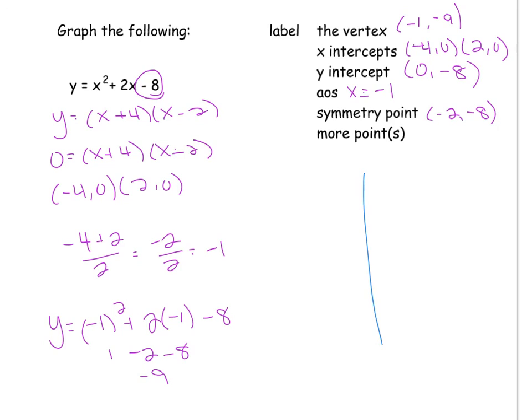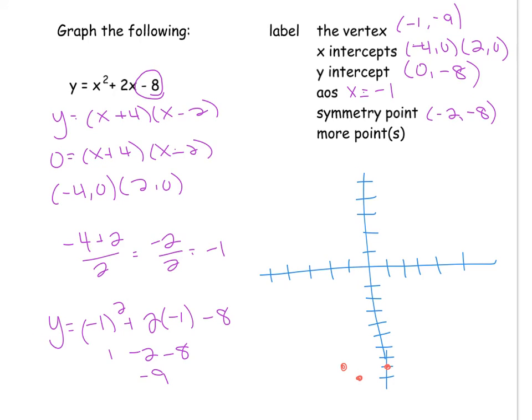So if I were to make a sketch of this, 1, 2, 3, 4, 5, 1, 2, 3, 4, 5, 1, 2, 3, 4, 5, 6, 7, 8, 9. All right, so if I'm at (-1, -9), I'm down here. (0, -8) and (-2, -8).